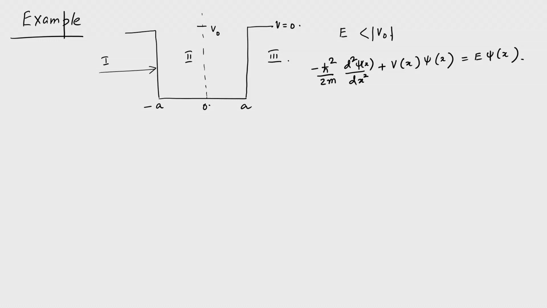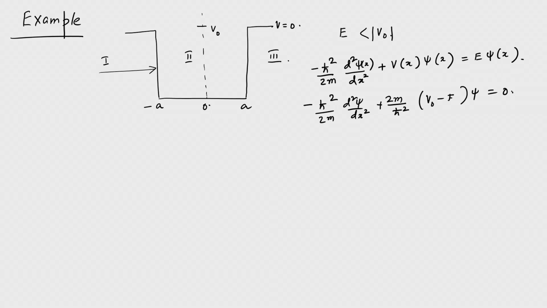I will not go through the details of the solution, I will simply write down the solutions themselves. So, this becomes d2 psi dx2 plus 2m by h cross squared (V0 minus E) psi equal to 0.